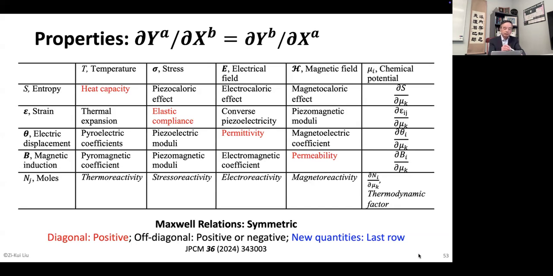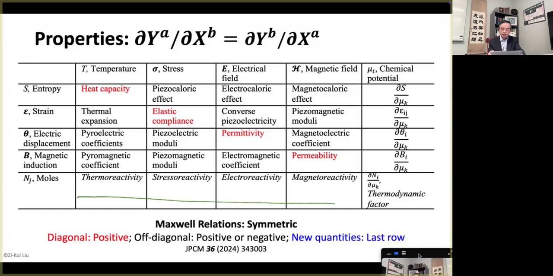And the last row, these parameters we just discussed, is between the two potentials, not between the moles here. So these are the new quantities, which are not discussed very much. They are the chemical reactions driven by different potentials.